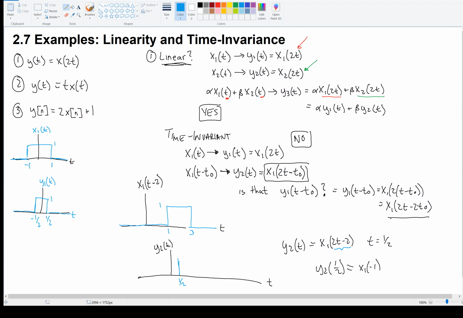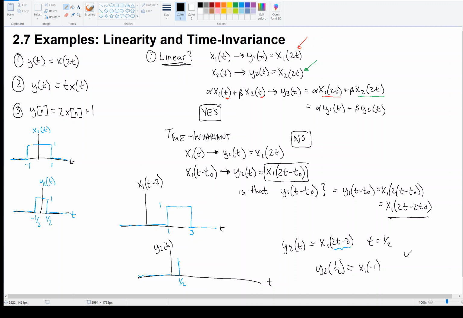Now I'm going to repeat this process and try to find where the right edge is. Again, I need the inside of the parentheses to be equal to 1, because that's where the right edge occurs in the original signal. So what do I plug in for t to make this 1? It looks like I plug in 3/2. If t was 3/2, this would be 1.